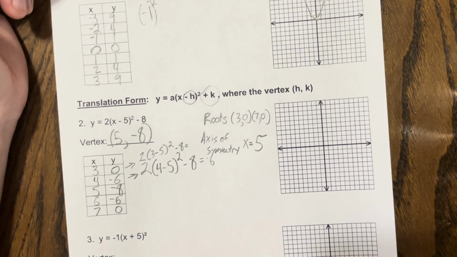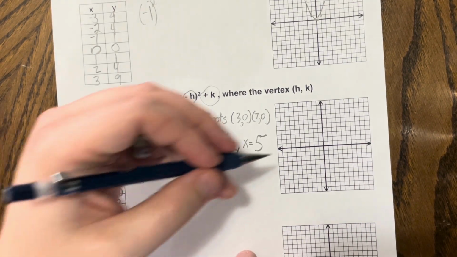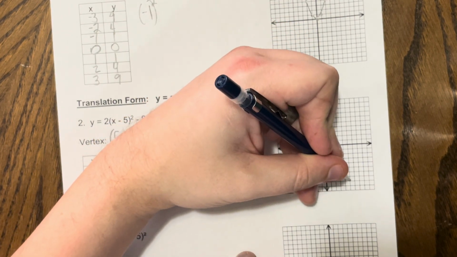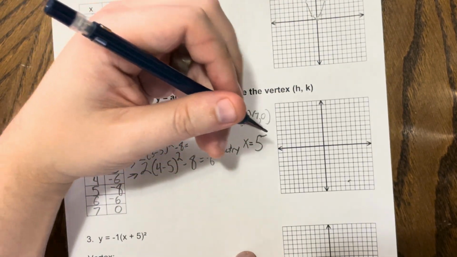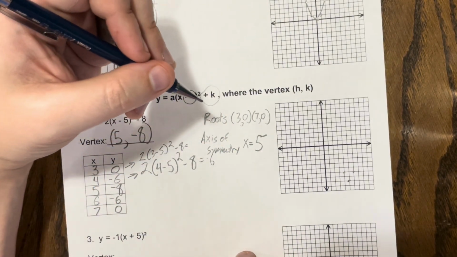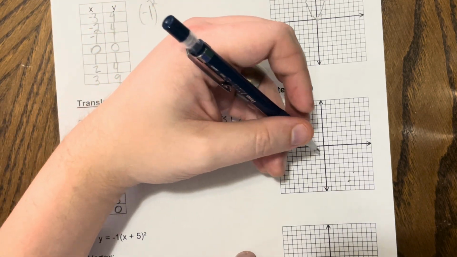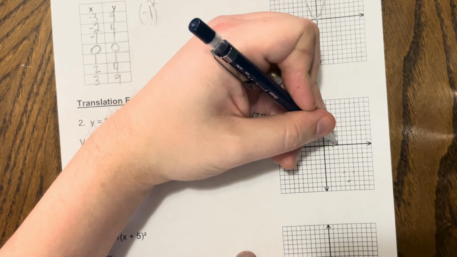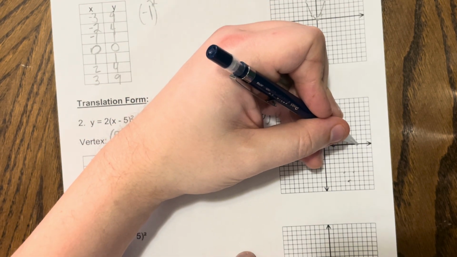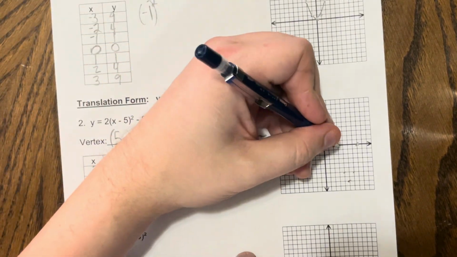So let's graph it out and we'll see those in action. I'll start with my vertex and go over 5 and down to negative 8. Oh, went too far on that one.